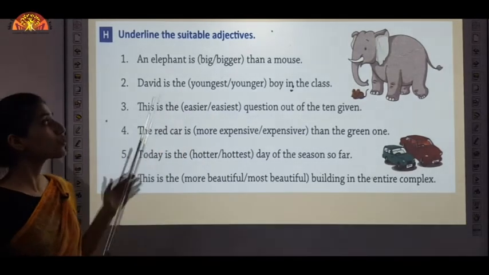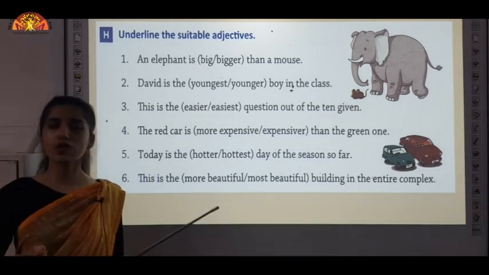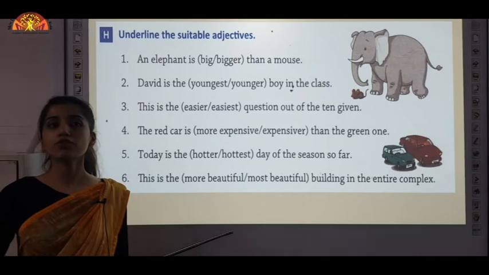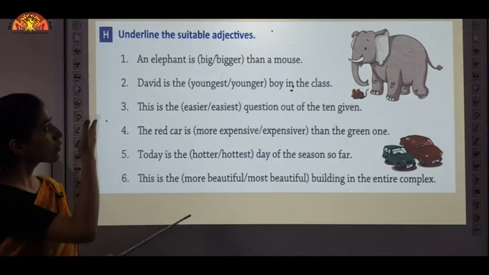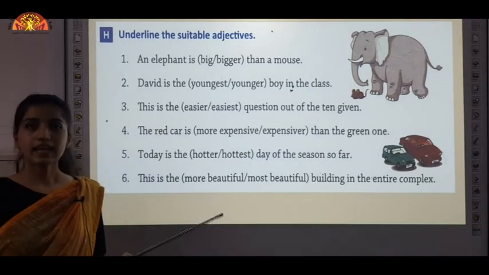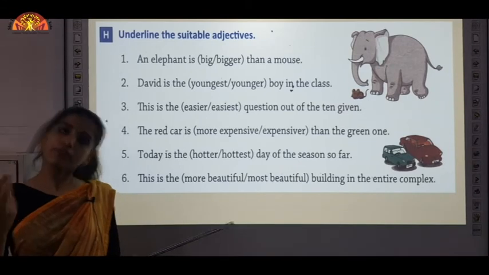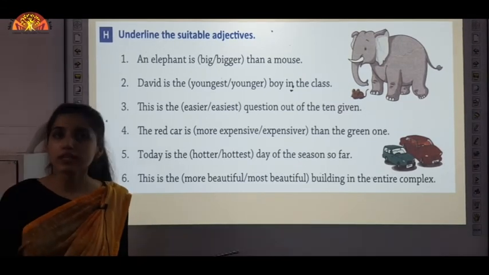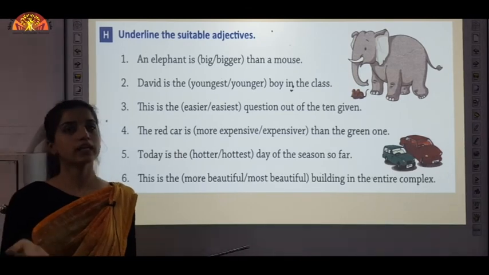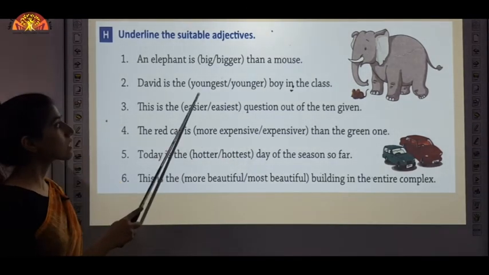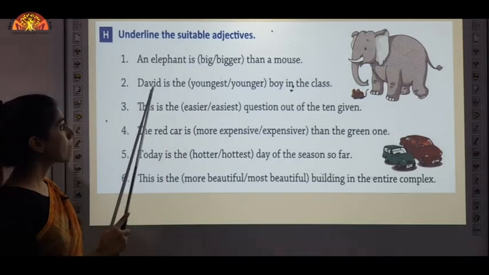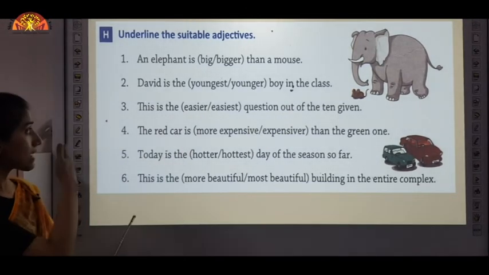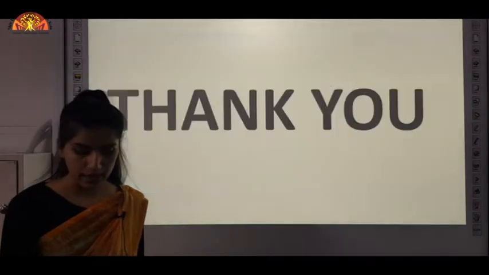That is also a trick to identify which degree to choose. Or you can see the comparison: if we are comparing between two, we use the comparative degree, and if between more than two, we use the superlative degree. So the answer here is youngest. David is the youngest boy in the class.